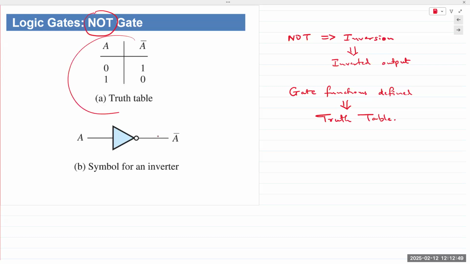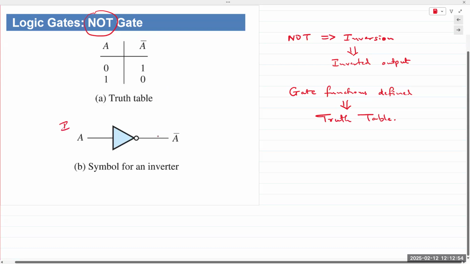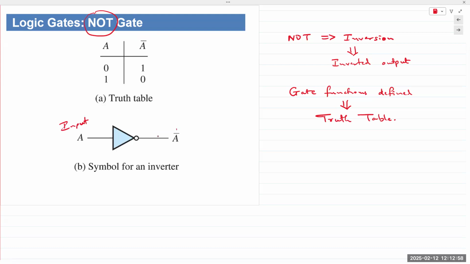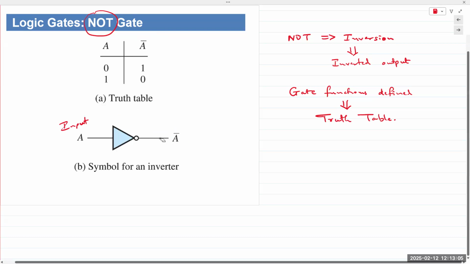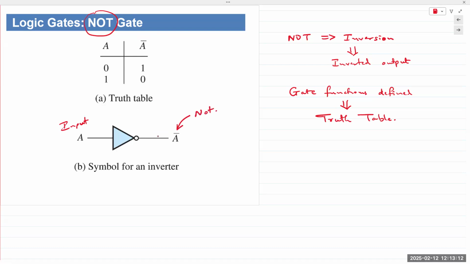For the NOT gate, shown right here, A is the input to the gate, and the output we receive is A NOT. The bar that you see on top is referred to as NOT, and so the way we would say this is A NOT.